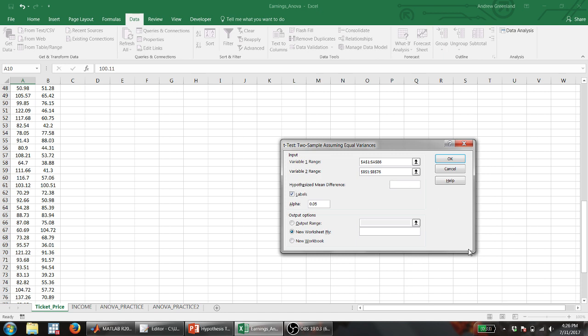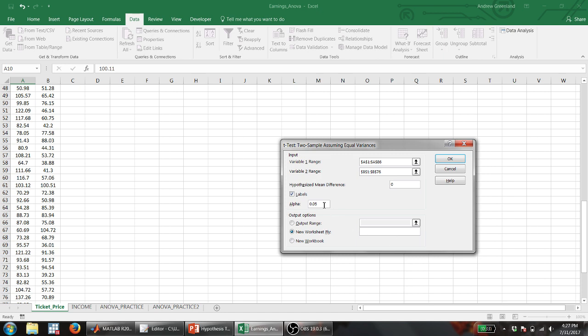And here's where we need to indicate the null hypothesis value. Under our null hypothesis, because we assumed mu Duke equals mu Elon, it is equivalent to saying mu Duke minus mu Elon equals 0. So for the hypothesized mean difference, we're going to put 0 there.